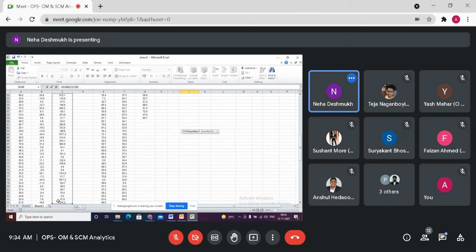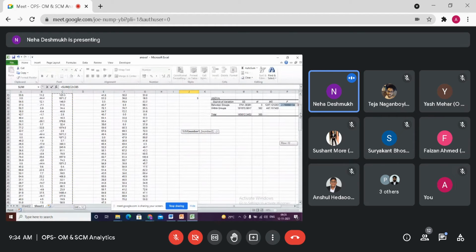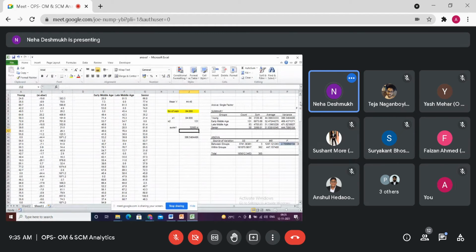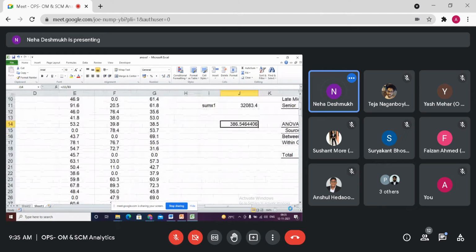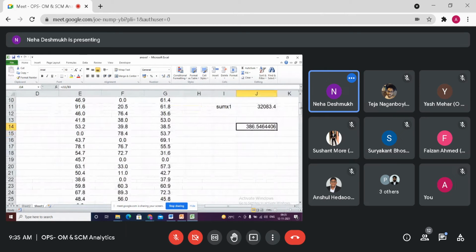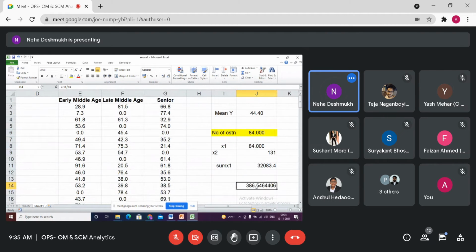Agree? Class. Yes, ma'am. Because in the first cell the label is there, the heading is there. Okay. See now, 386.56. See this one. Right?